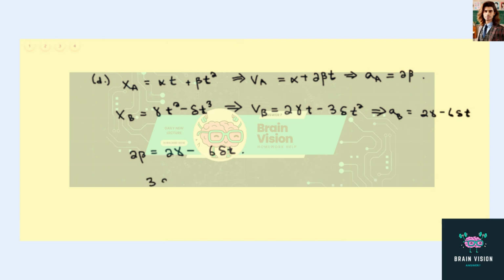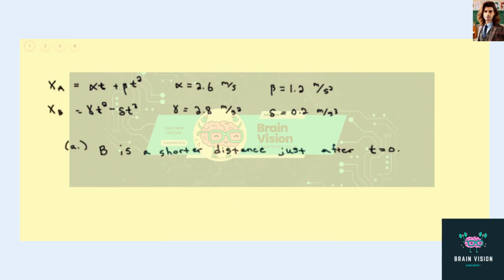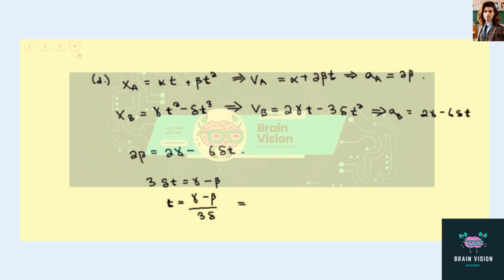Whenever I do that, I get 3 delta t is equal to gamma minus beta. So t is equal to gamma minus beta over 3 delta. And you have to plug in the constant values, which are given here, into this expression. When you do that, you get a t value of 2.67 seconds. And that's the end of the problem.